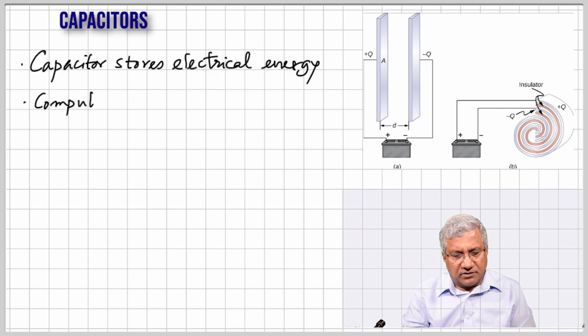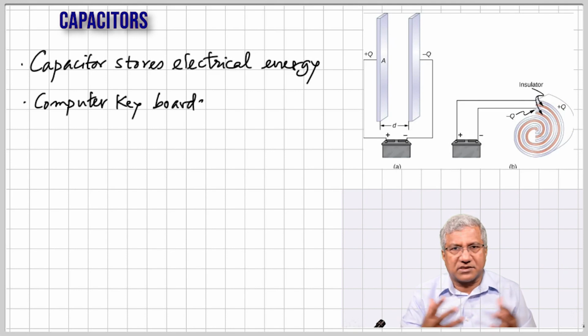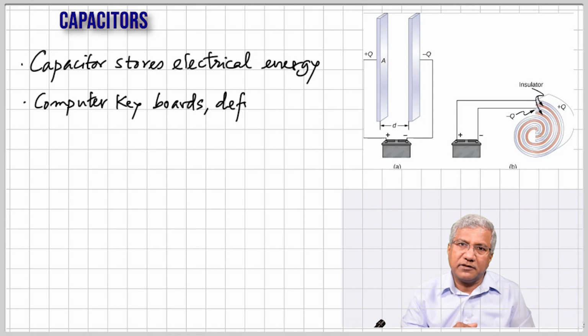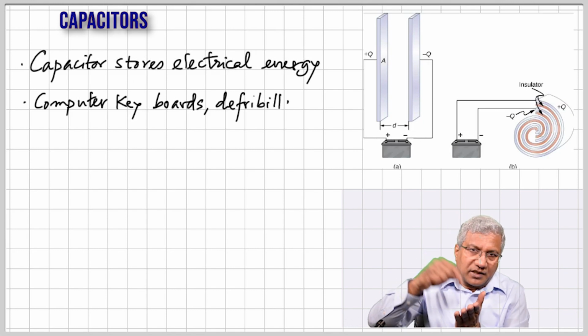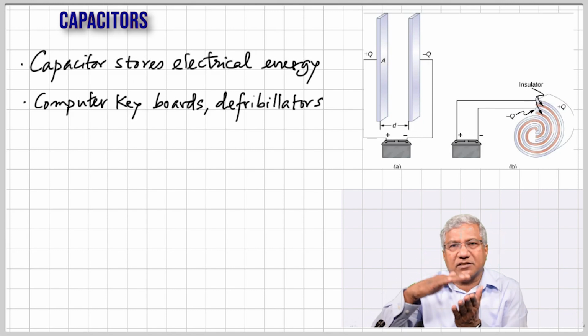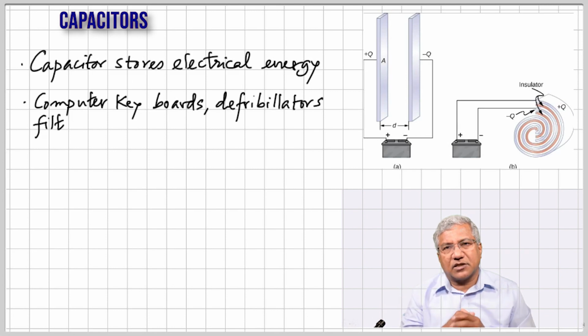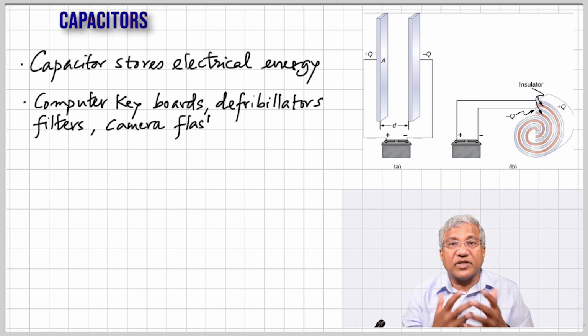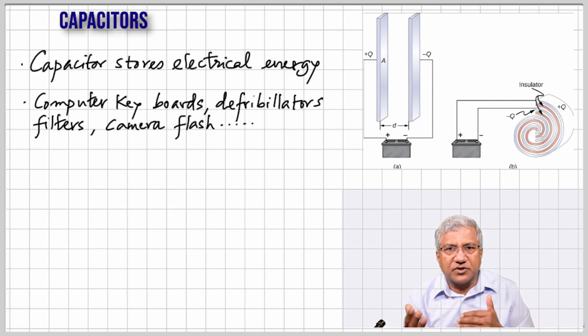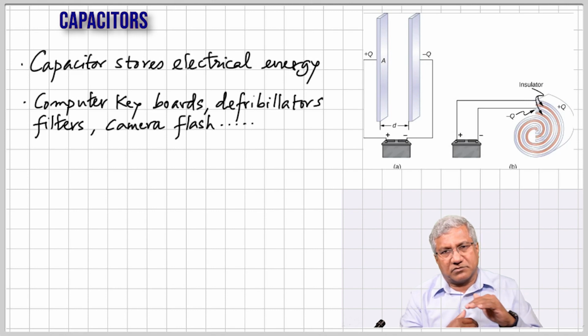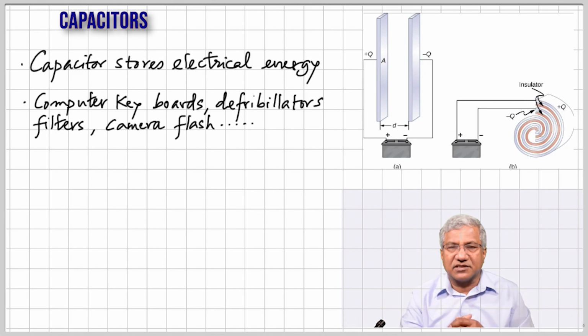Capacitors are used in computer keyboards, which is the best application that comes to mind, where you hit the keyboard and you're actually changing the distance between the two plates, causing a change in the electrical circuit. They're used in defibrillators. They're used in filter circuits where you want to remove the ripples, where you want to convert completely into DC from AC.